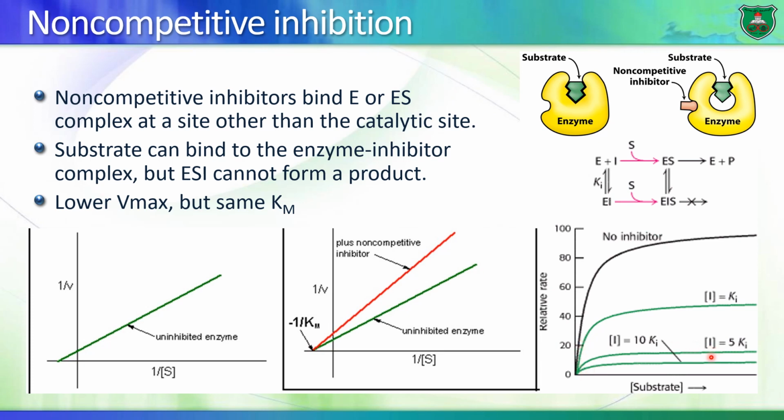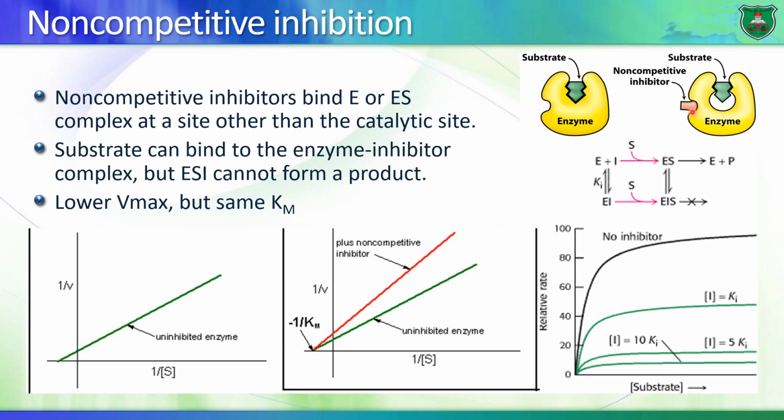Look at this Vmax, go down 50%, go down, same exact Km value, but Vmax is affected. It gets lower, as if the enzyme does not exist, because this inhibitor will keep on binding to the enzyme and it doesn't get released.